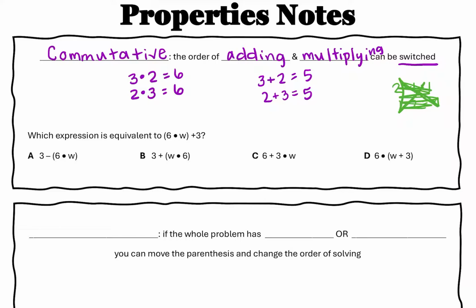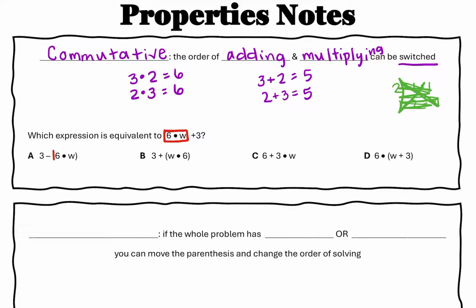Which expression is equivalent to 6 times W plus 3? This is what we're starting with. If I'm thinking about what I would solve first, I would do my group, and inside my group I have multiplication. So that's what I would have to solve first in all of my answer choices.